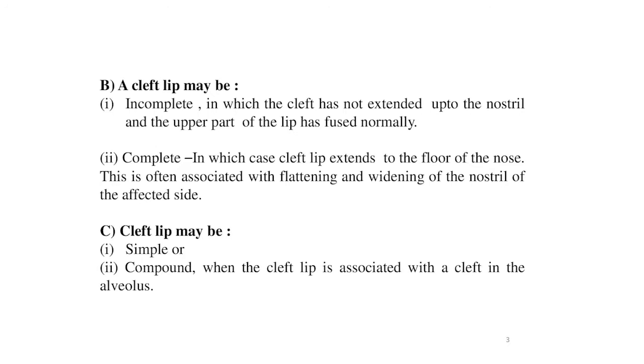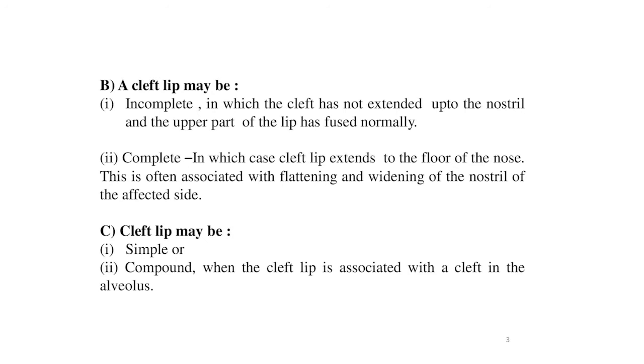The next type: the cleft lip may be incomplete or complete. Incomplete is one in which the cleft has not extended up to the nostril and the upper part of the lip has fused normally. Complete is when the cleft lip extends to the floor of the nose. This is often associated with flattening and widening of the nostril of the affected side.